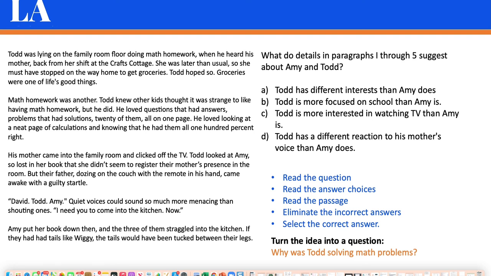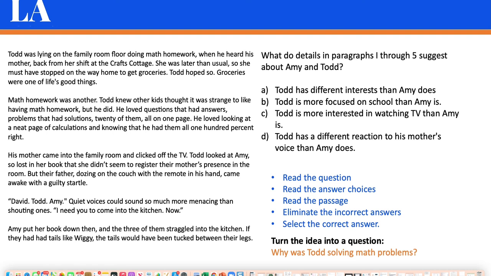His mother came into the family room and clicked off the TV. Todd looked at Amy, so lost in her book that she didn't seem to register her mother's presence in the room. But their father, dozing on the couch with the remote control in his hand, came awake with a guilty startle.